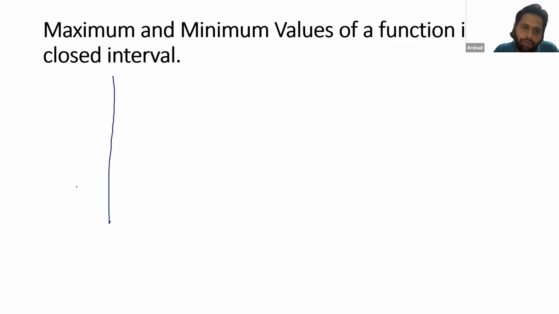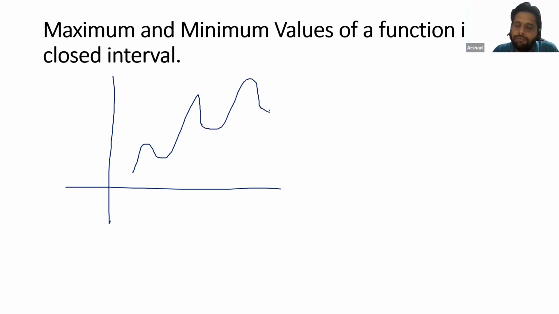While we were doing local maxima and minima, I already told you that a local maximum is not the maximum value of a function. For example, here we can see that it is local maxima, and this is local minima.